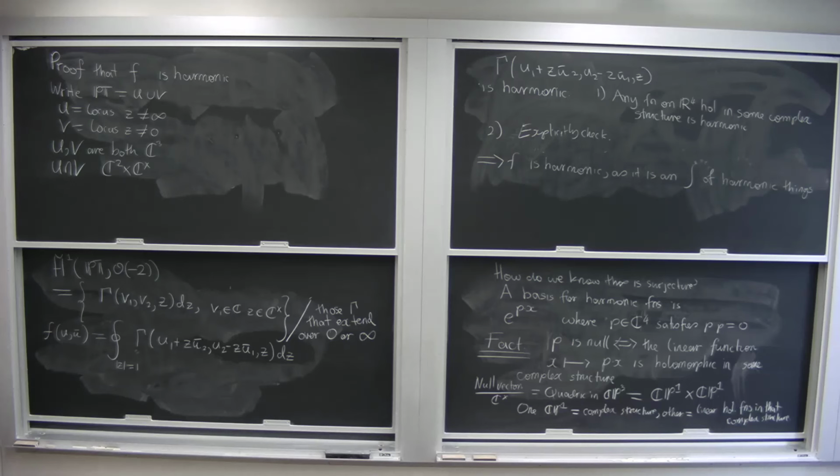Sorry, I didn't explain this very well. It's a very brief sketch of why this map is surjective and how you can take a plane wave and explicitly lift it to twistor space.